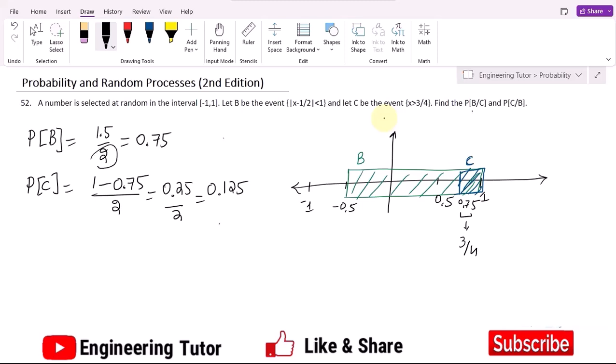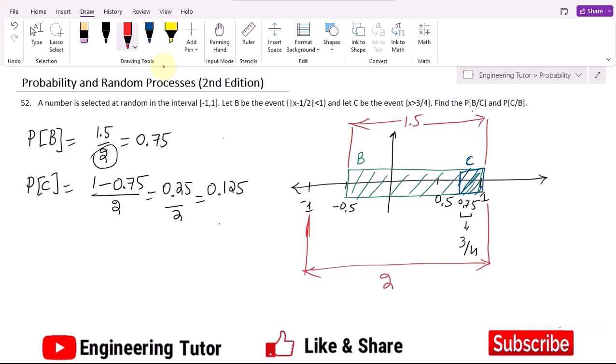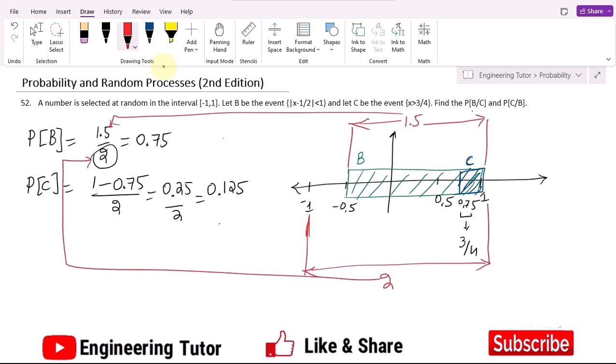What does this 2 mean? 2 was basically this overall distance between minus 1 and plus 1. Similarly, here in B, the distance between these 2 points was 1.5. So the probability of B was calculated by dividing this 1.5 by this 2, as I have done here.